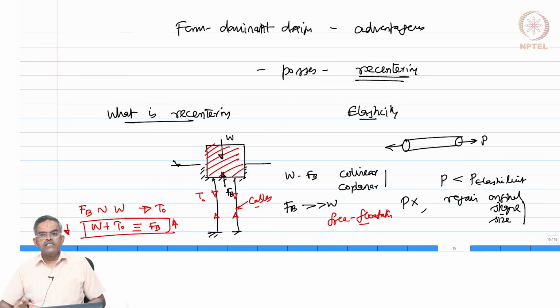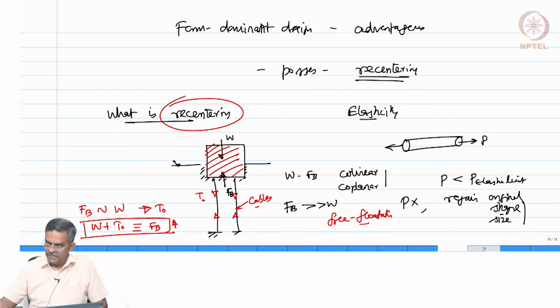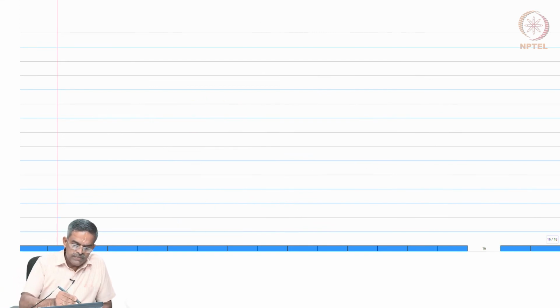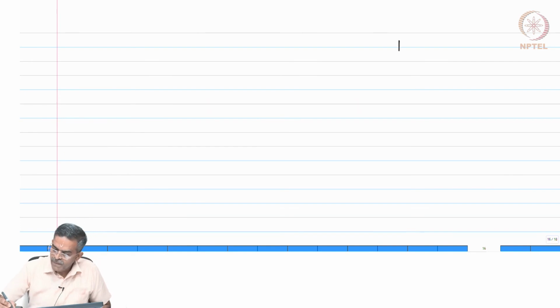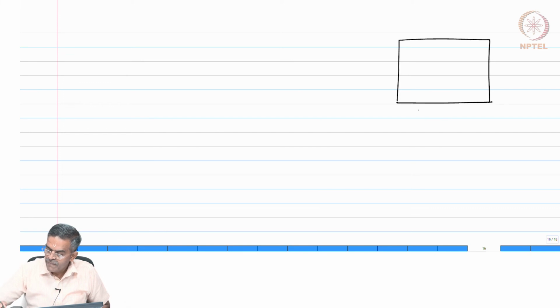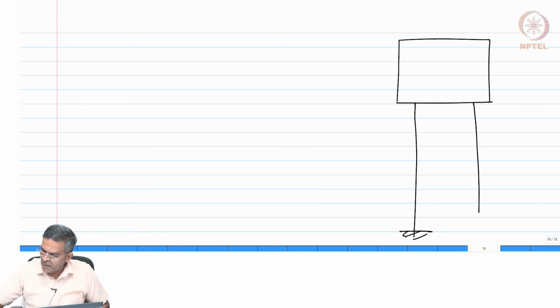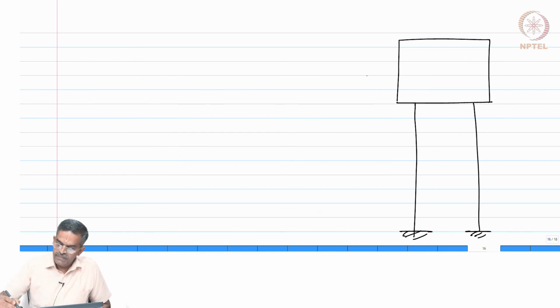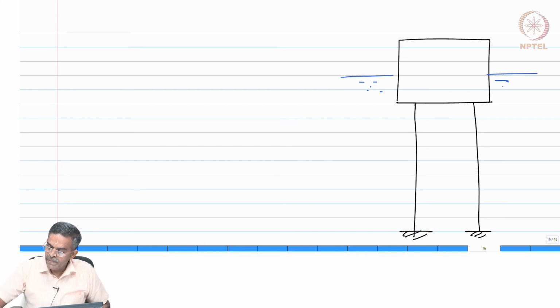Let us imagine a system of this order and try to explain what is recentering. So, I have a body which is anchored to the seabed using cables. Let us say this is my water line. So, this portion is submerged, this portion is in air.